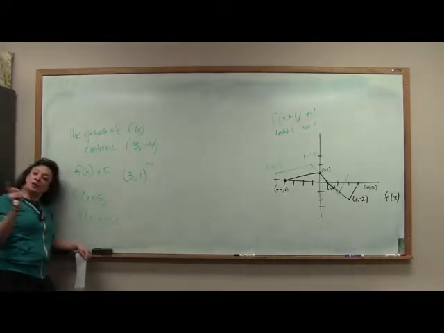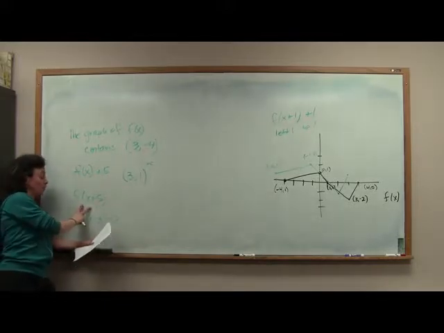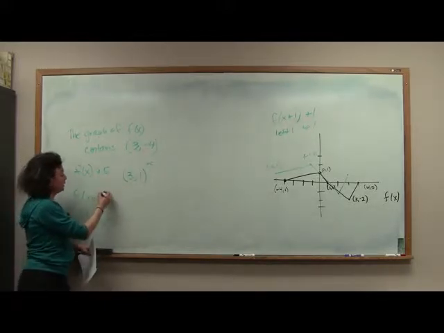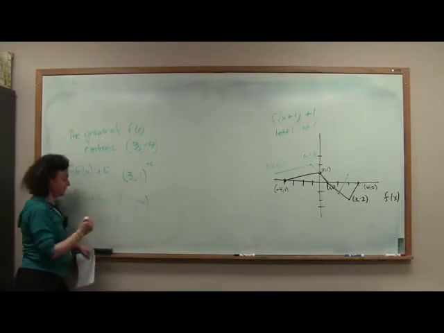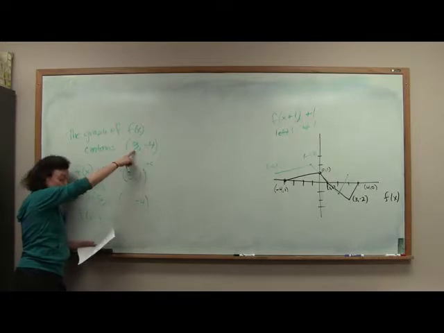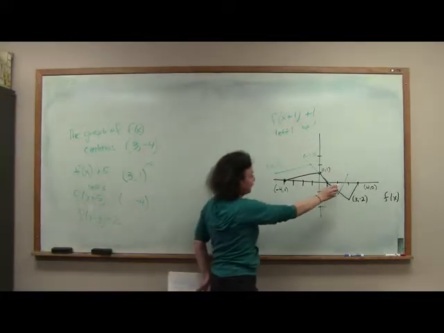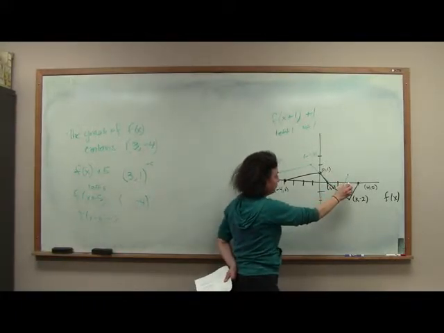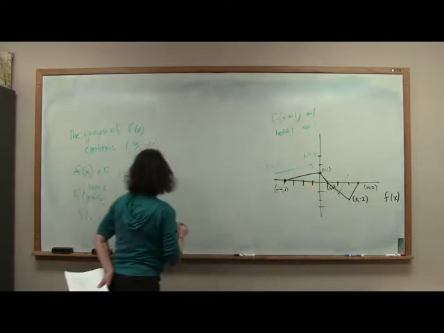On the other hand, remember your horizontal shifts affect your x value. What this is saying here is our function value, that -4, is staying the same, but what we're doing is we're moving left 5. In other words, we're taking him and moving him 5 to the left. Well, if you're at 3 and you move 5 to the left, 1, 2, 3, 4, 5, you're at -2.